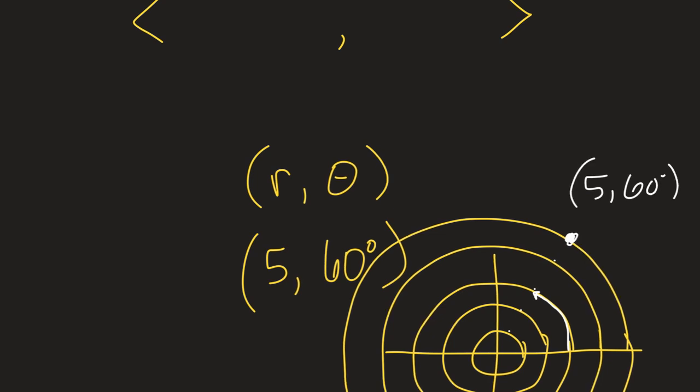The question is, what is this point as a rectangular point? What is the x, y? We can make a right triangle out of this, because right triangles solve a lot of things. If we can make a right triangle, we can use all of our right triangle values. There's your x, there's your y. We know the radius is 5 because it's 5 units away from the origin, and we know our angle is 60 degrees.